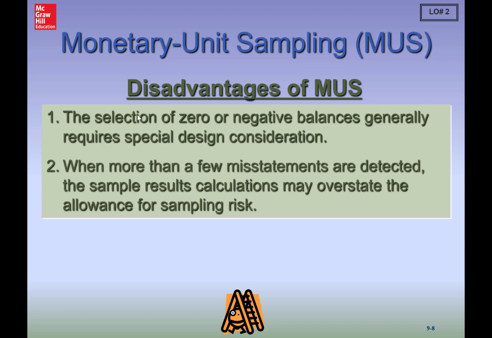If it has, maybe that doesn't concern me as much as a client that all of a sudden had account balances and then went to zero this year. Maybe I'm not as worried about zeros because I'm worried about overstatement in the accounts receivable, not so much as understatement, right? So I might be able to accept some of those zeros.